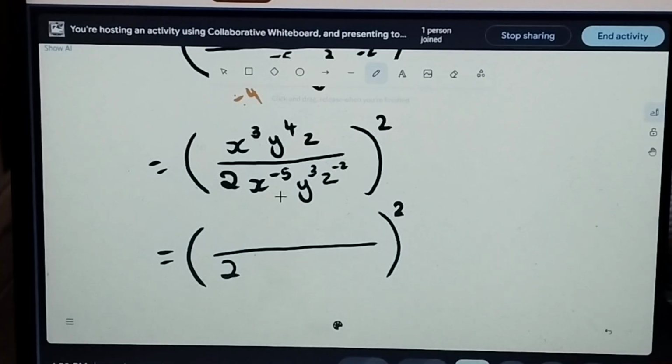3 is bigger than minus 5, right? Yeah. So what I'm going to do is I'm going to say x to the 3 minus 5. Because remember, we're dividing, so we're subtracting, the same as we did earlier. Minus 5, because remember, that's a minus 5 at the bottom. Wait, how did you get that 3 minus 5?